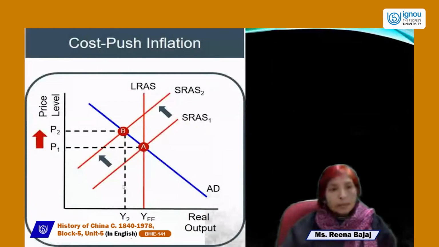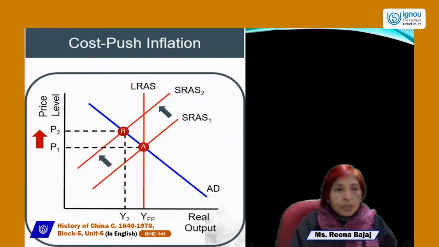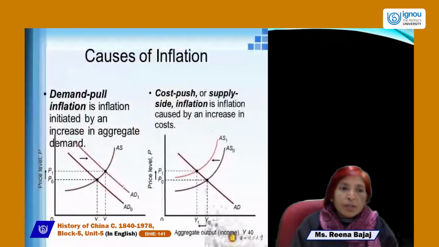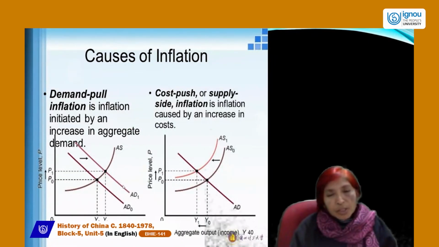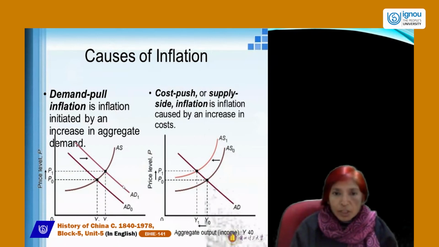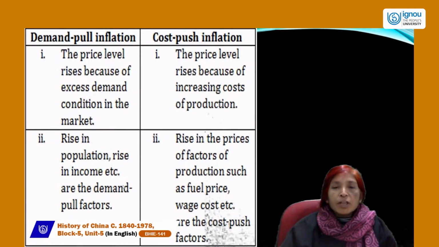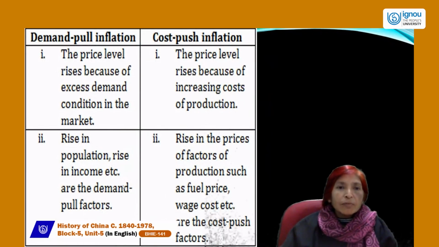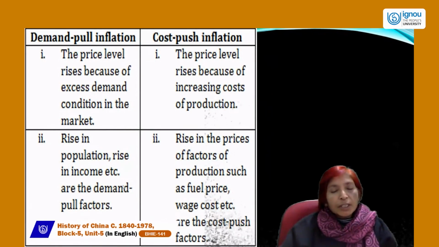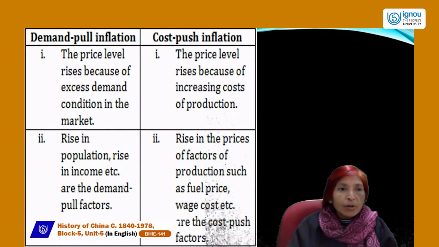Now next is the causes of inflation. You know that demand pull inflation is inflation initiated by an increase in aggregate demand, and cost push inflation is inflation which occurs due to a rise in the cost of production. We can differentiate between these two types of inflation.